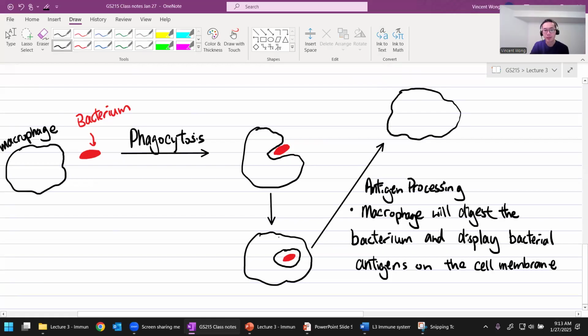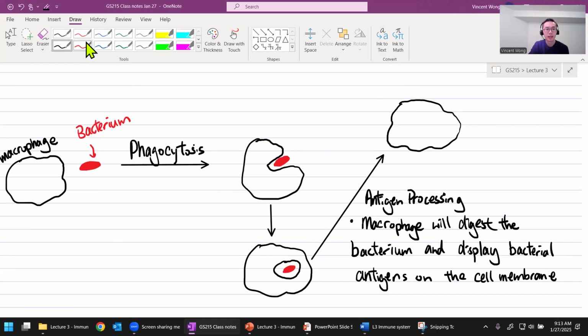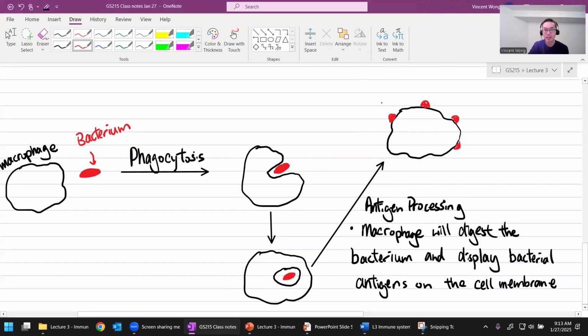Okay. It will digest the bacteria and it will put bits and pieces on its surface, on the white cell surface. Okay, it's like it's really proud of eating the bacterium, and it's like, hey, look at what I just ate. Okay, I want to show you.